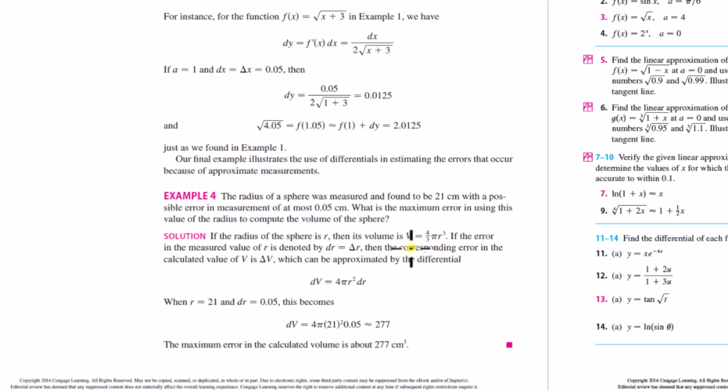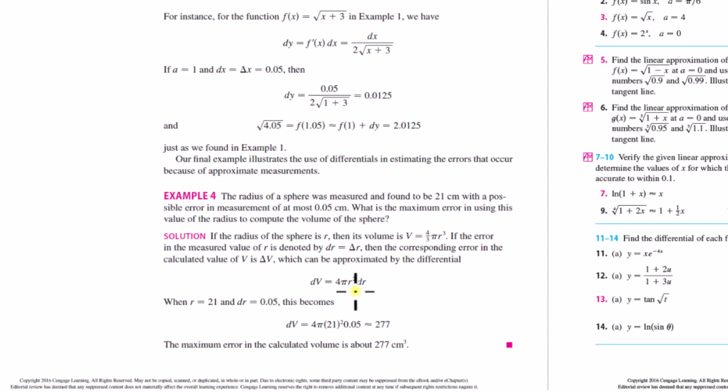So how do you do that? You say dV/dr. We know how to calculate dV/dr. It's going to be 4 pi r squared, and then just multiply both sides by dr. Right, because we're talking about differentials, so you can think about that as a ratio. So we get this. Now all we're looking for is dV. Okay, so now we know what r is, 21.